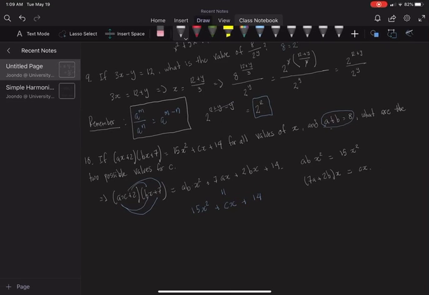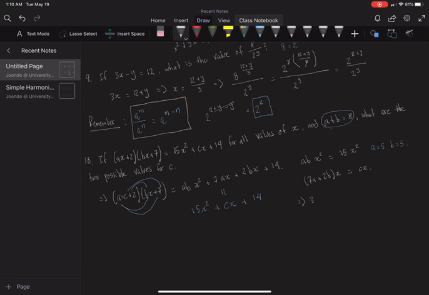So suppose a is equal to 5, b is equal to 3. Naturally, if a equals 5, what do we get here?